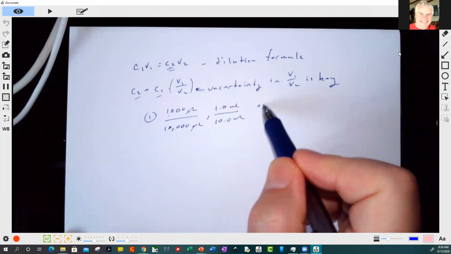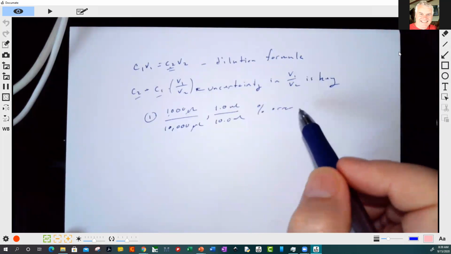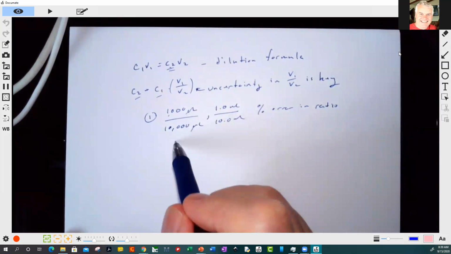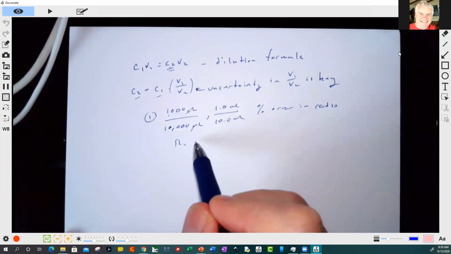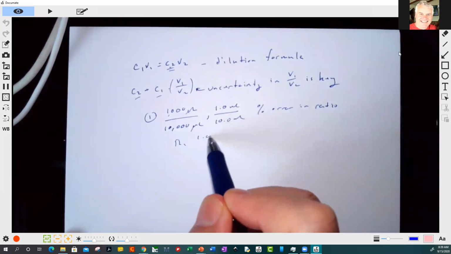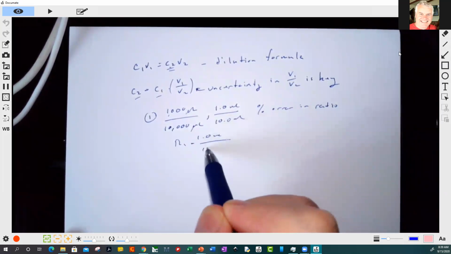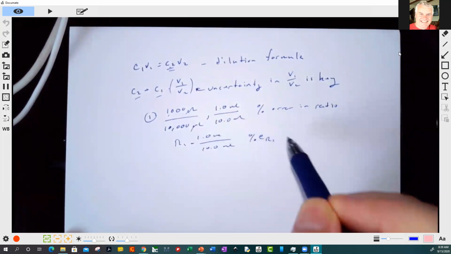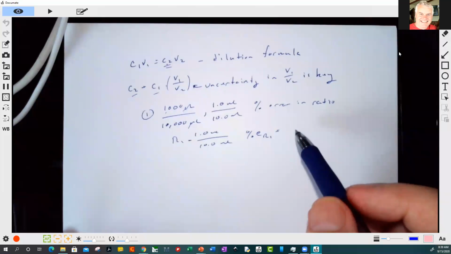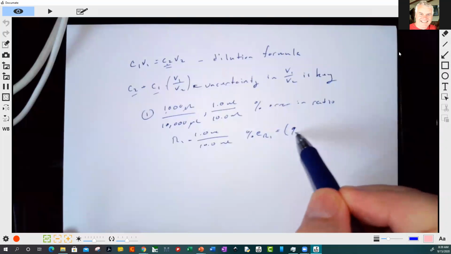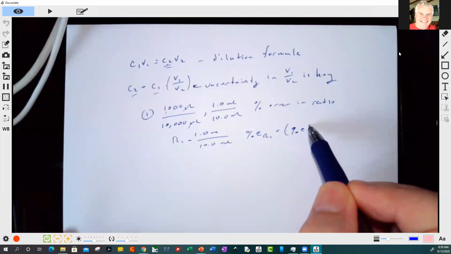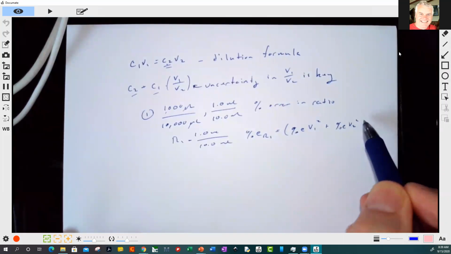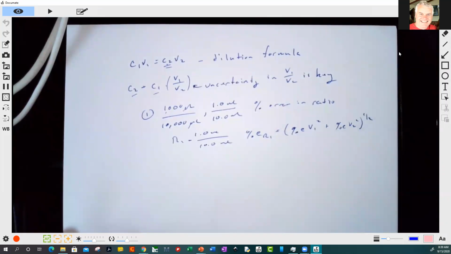What we want to know is the percent error in this ratio. So we could say R1 is equal to 1 milliliter over 10 milliliters. And the percent error in R1 is equal to the percent error in V1 squared plus the percent error in V2 squared, the square root of the whole thing.